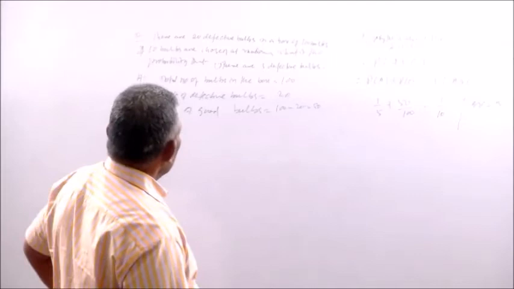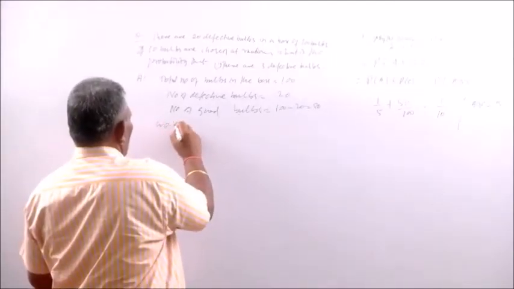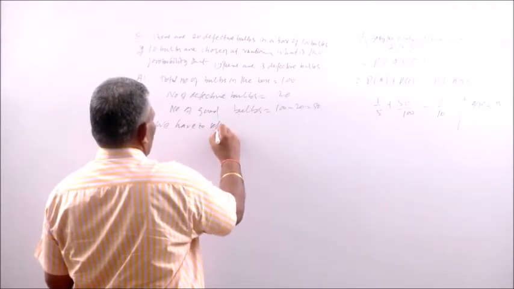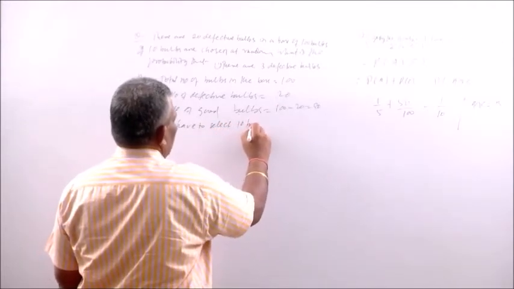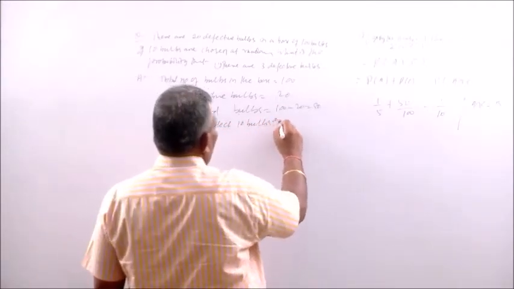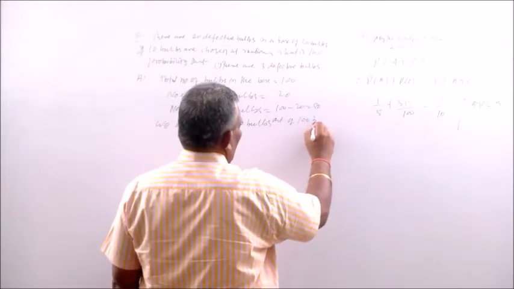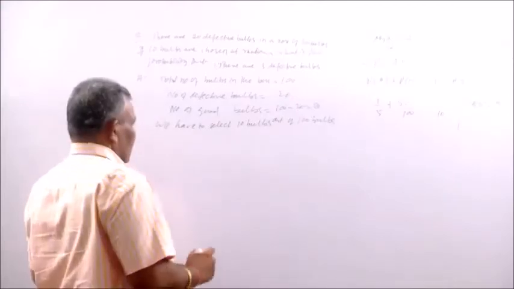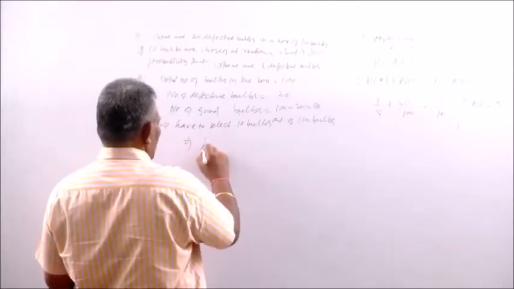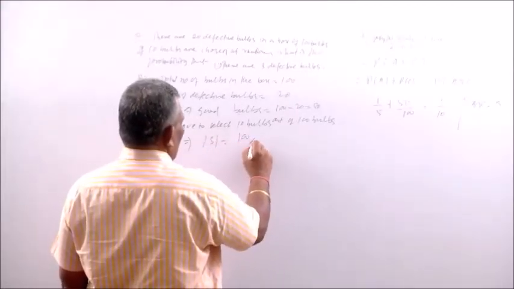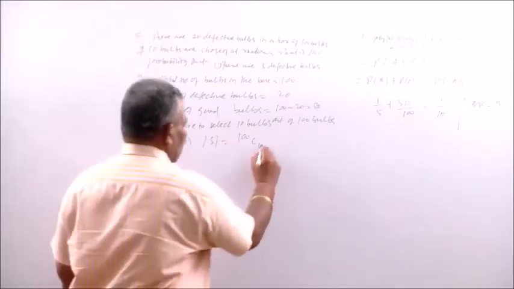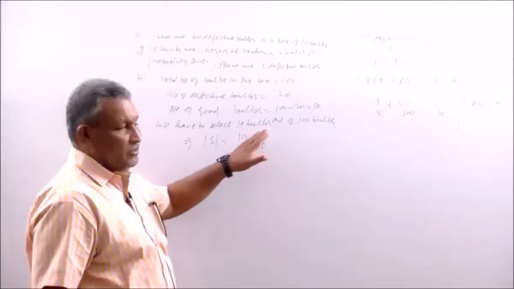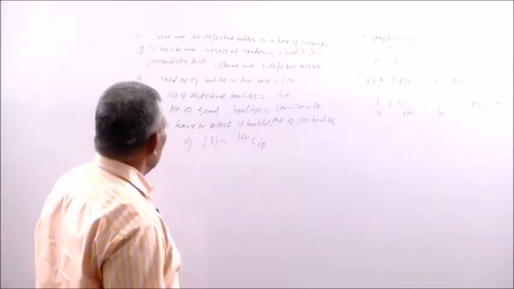So we have to select 10 balls out of 100 balls. From combination, that implies cardinality of S equals 100C10. So out of 100 balls, 10 balls can be selected in 100C10 ways.